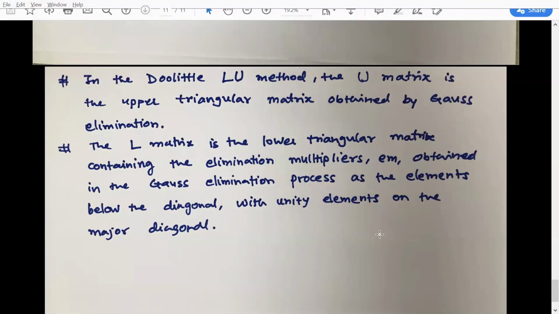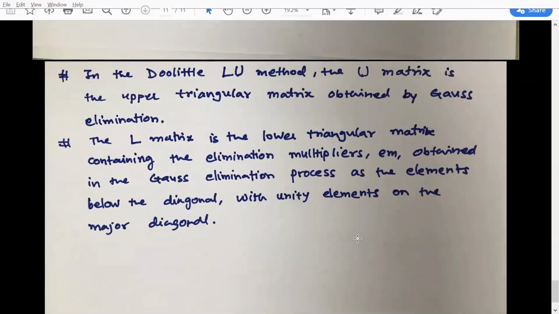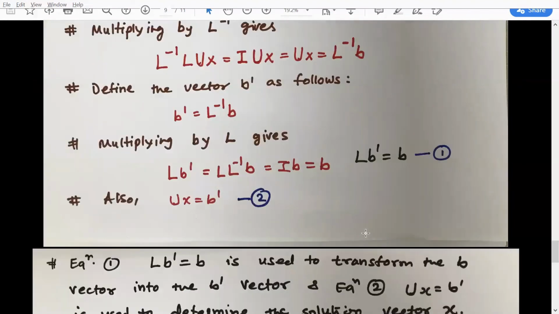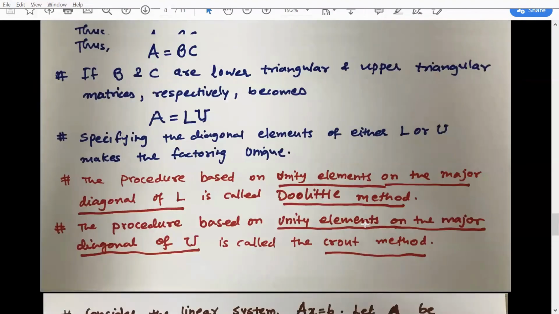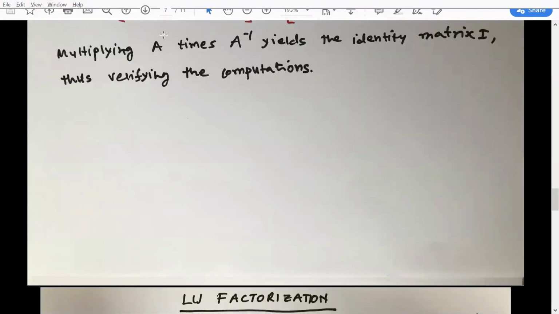That is the first thing we started with in the Gauss elimination method. So I will show you one example of this, and later on, if time is available, you can solve it.